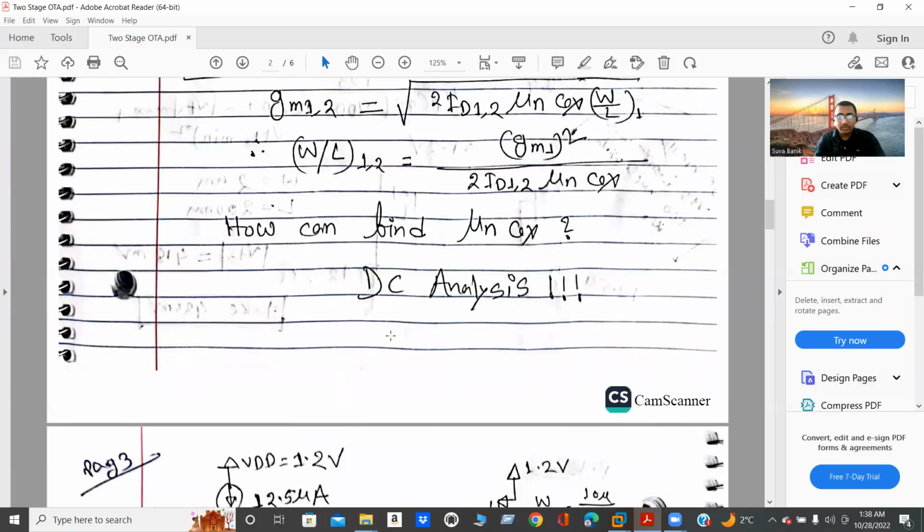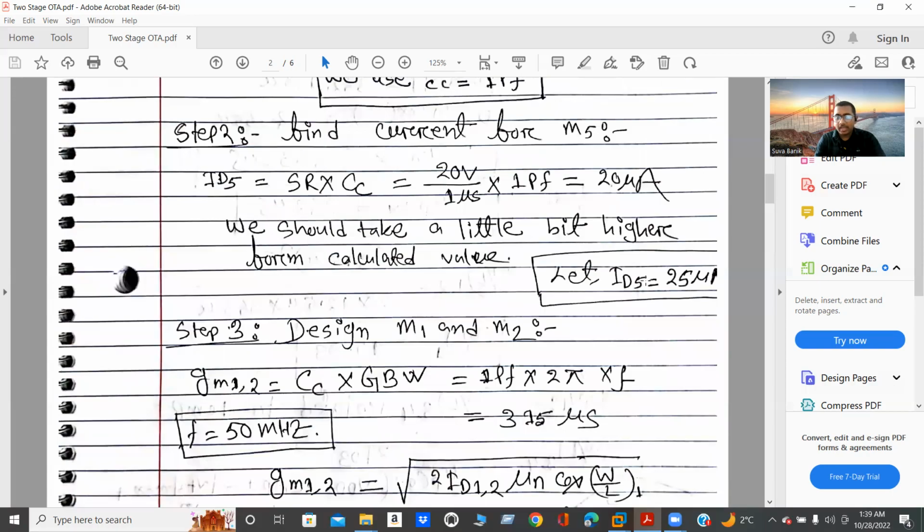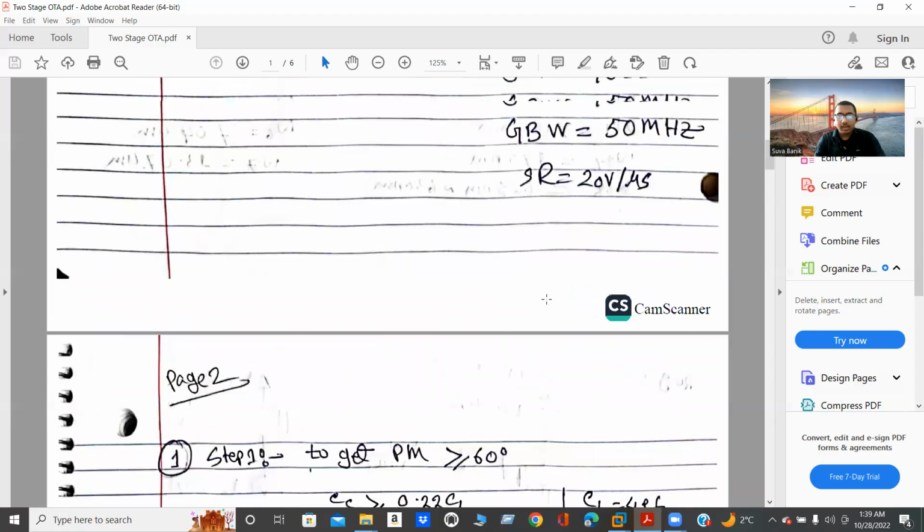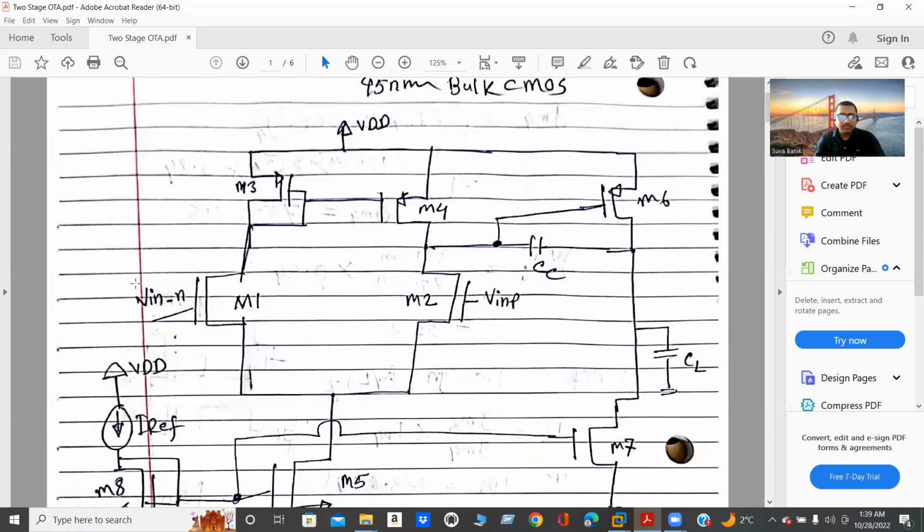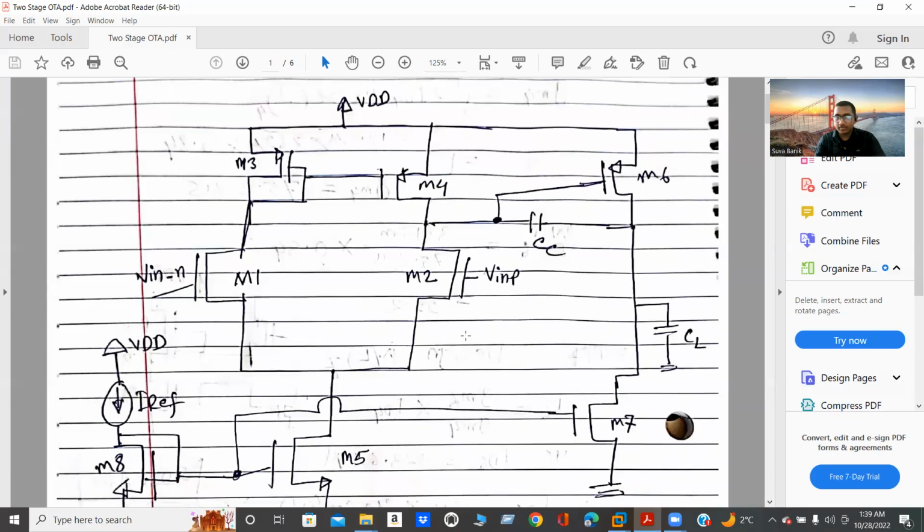Just now I assumed my biasing current is 25 microampere, and if these two voltages are equal, then this current is split into the two branches. If it is 25 microampere, then each branch will carry 12.5 microampere. Therefore, in this case, I selected 12.5 microampere.